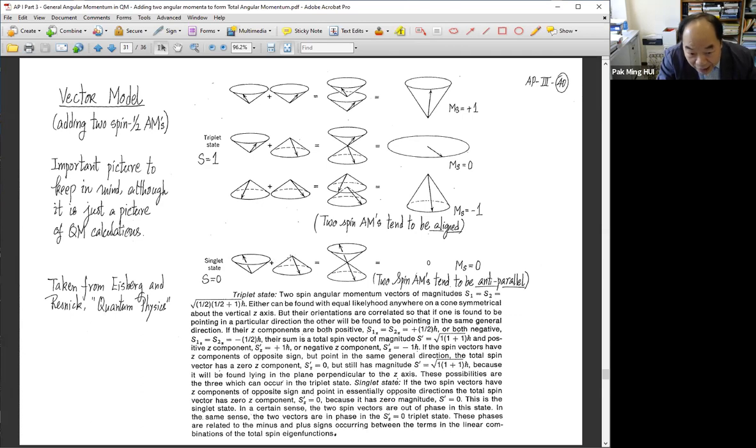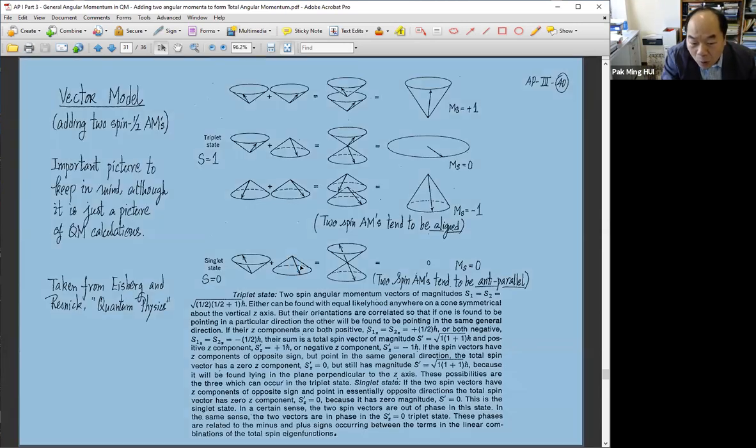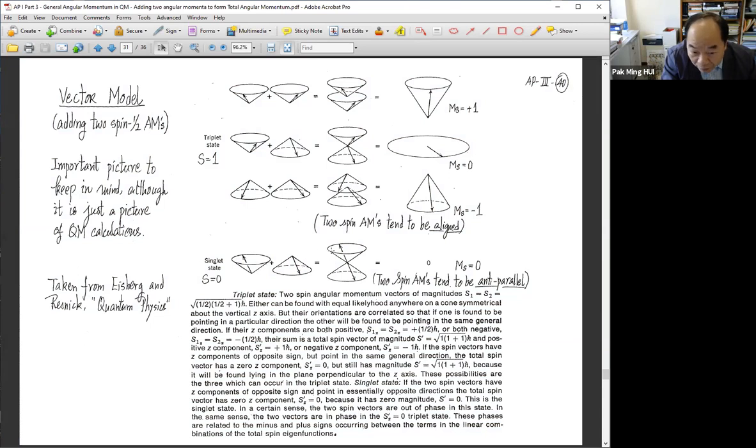And then the other spin always lives in the lower cone, the Z component is always down, it's negative. And they coordinate themselves so that this direction is always the opposite of the lower cone direction. So all the time they point in the opposite direction, they cancel each other.